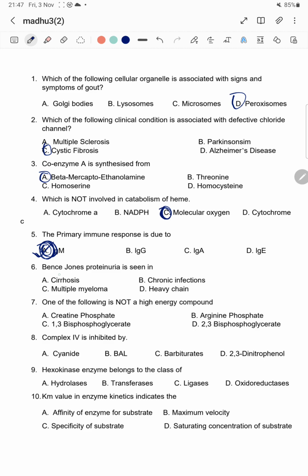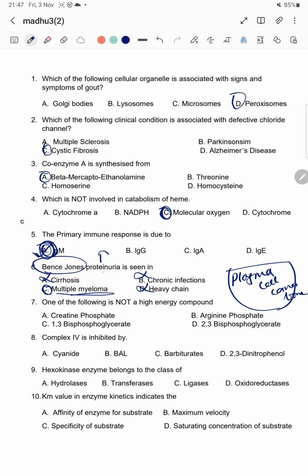The sixth one: Bence-Jones proteinuria is seen in. Mostly Bence-Jones proteinuria is seen in multiple myeloma, which is the correct answer. Cirrhosis is incorrect. Chronic infection is incorrect. Heavy chain is also incorrect, because multiple myeloma is a plasma cell cancer, a plasma cell cancer of bone. In this condition, Bence-Jones proteins will be elevated.